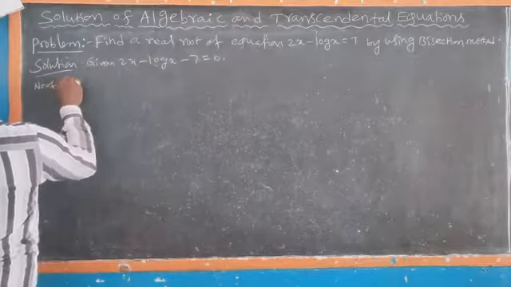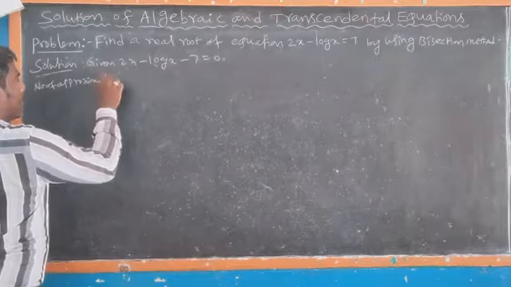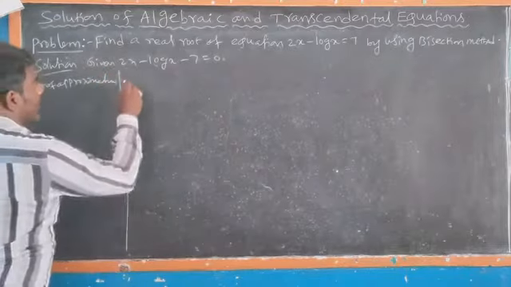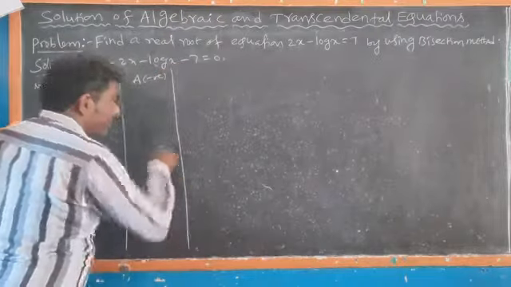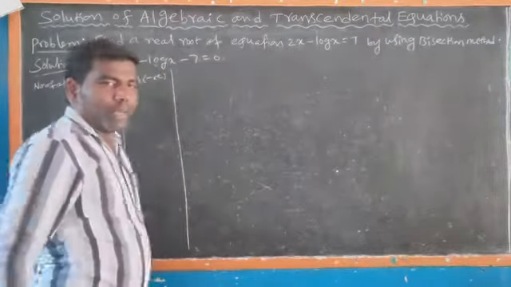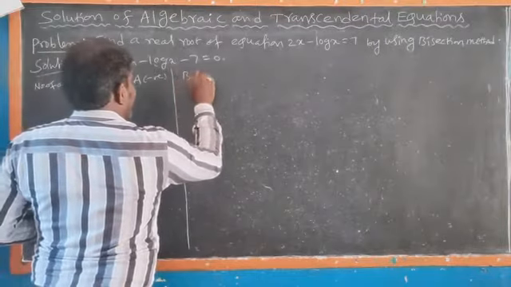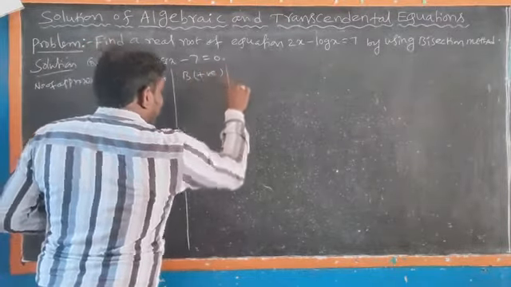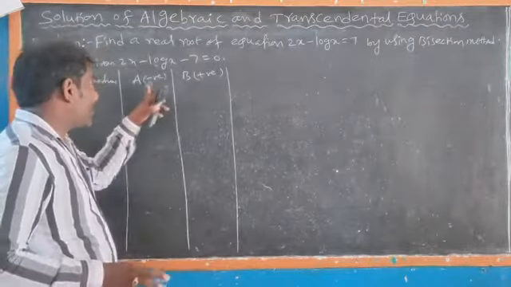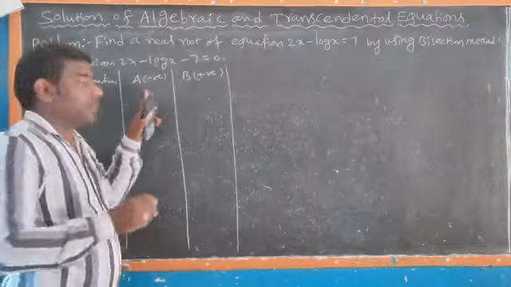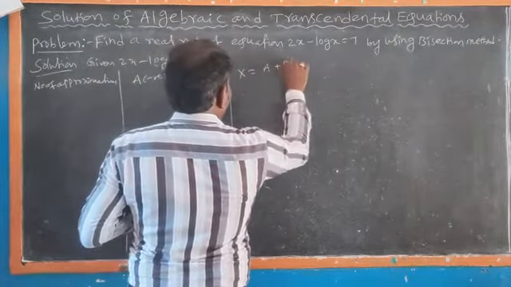Substituting a values in the function, we get negative values. Substituting b values in the given function, we get positive values. So a means negative and b means positive. You observe, x equal to a plus b by 2.